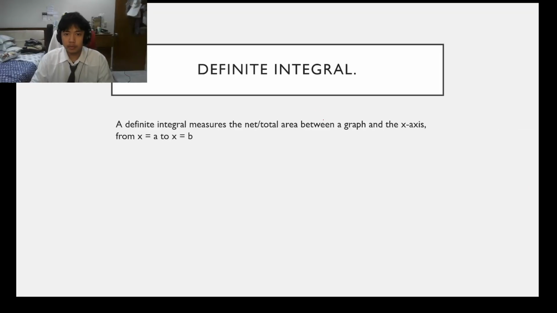We're going to explain definite integrals. A definite integral measures the net or total area between the graph and the x-axis from x equals a to x equals b. So the general form will be the integral from a to b of small f(x) dx, which is in turn going to be big F(b) minus big F(a).